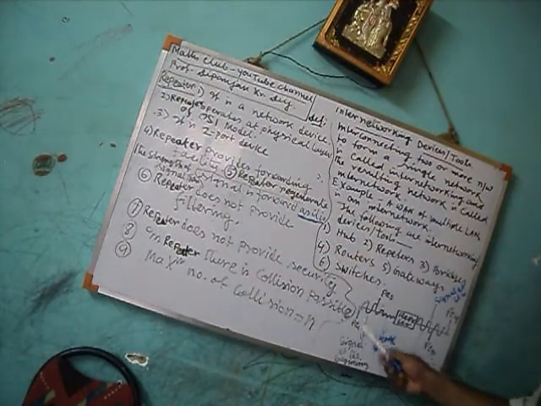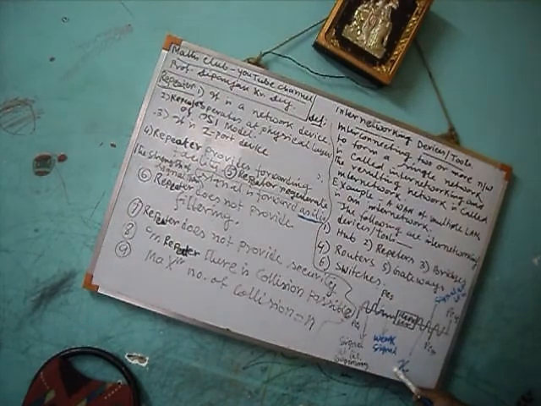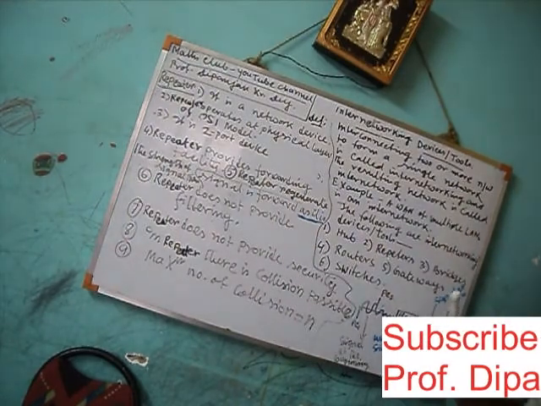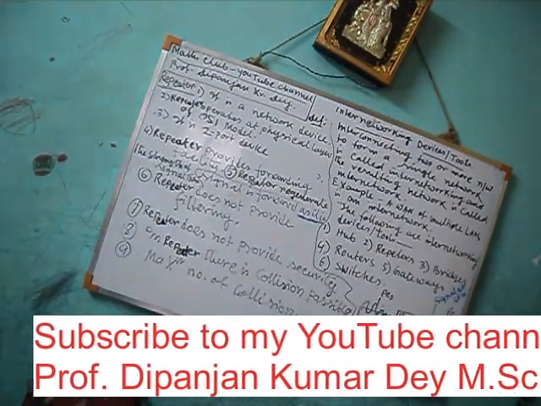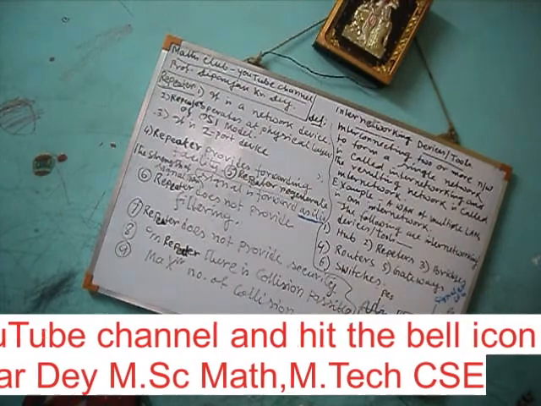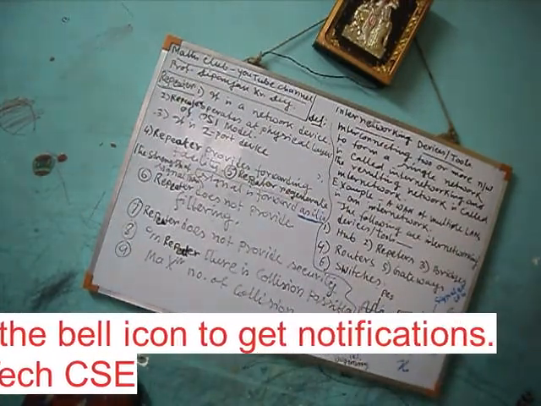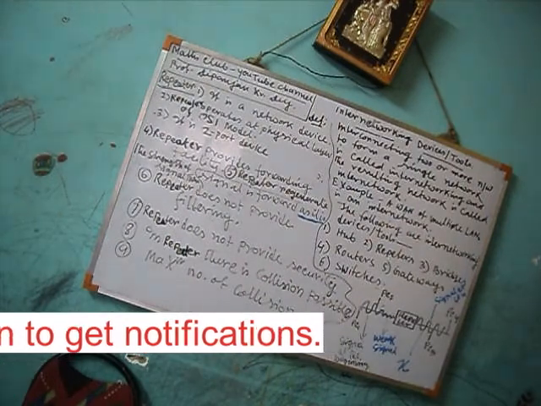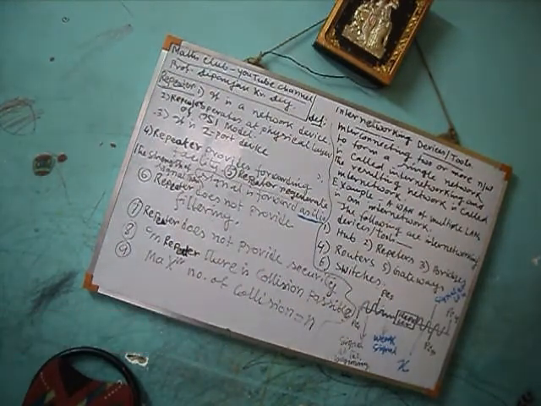When it retransmits, the signal strength will be X, not more than X. This is the main difference between a repeater and an amplifier. I think you understand this point number 5 very nicely.